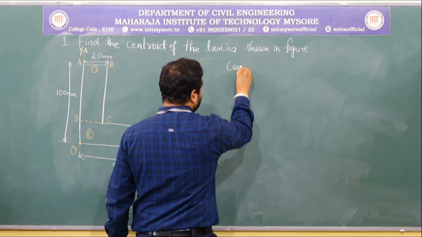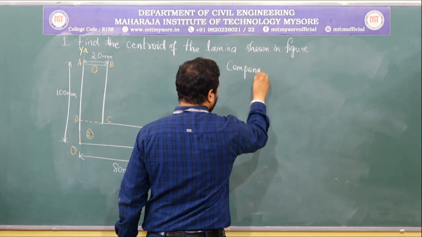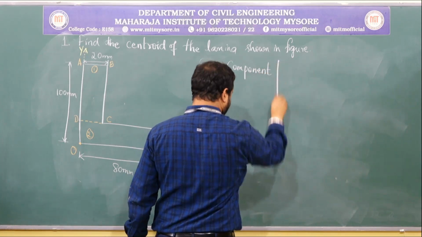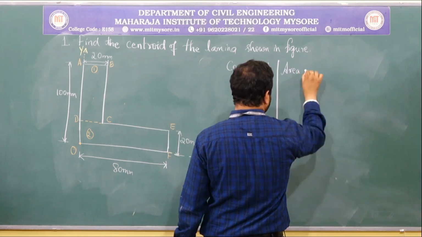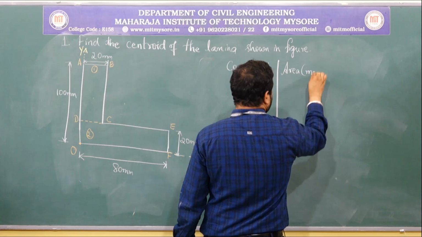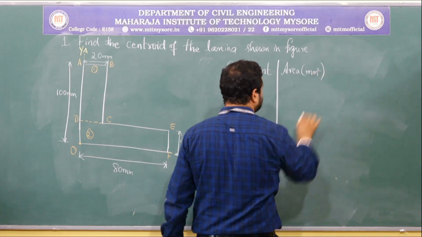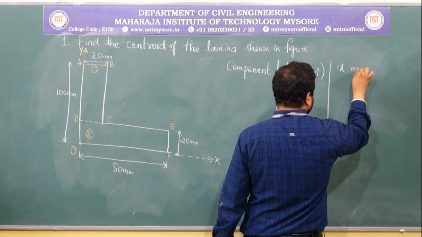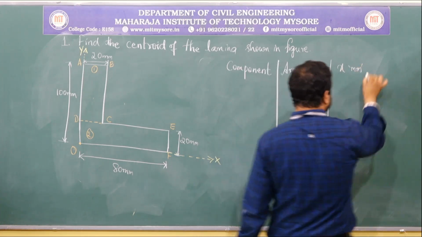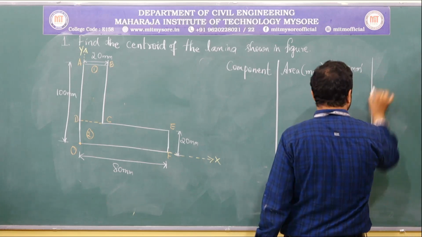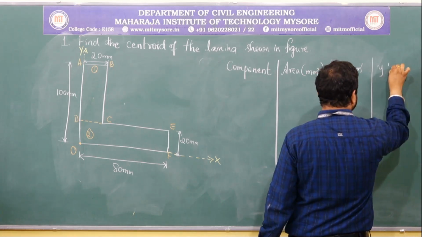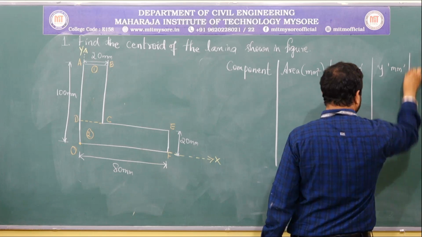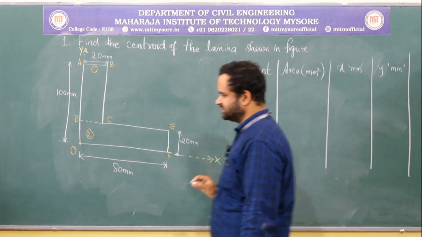So, the first column will be component, the second column will be area in mm square, the third column will be its x with respect to the referral axis, the fourth column will be its y value with respect to the referral axis.